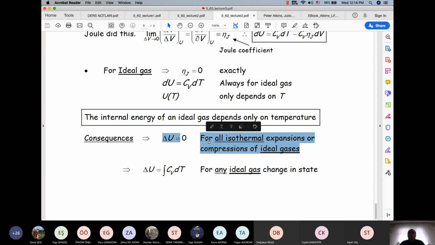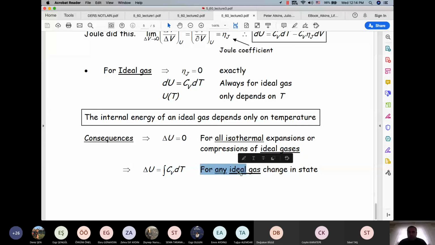And the energy change in any non-isothermal event is given by this formula: the constant volume heat capacity times the temperature change is the energy change of the system. Okay, this is very important.